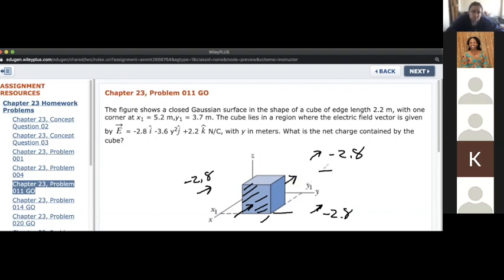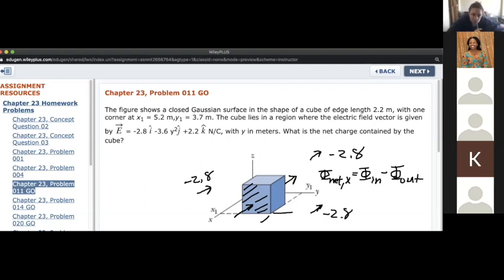So that means that our net flux in the x direction is always equal to flux in minus flux out. So that's what this is saying. Our net flux in the x direction, it's the same on both sides.